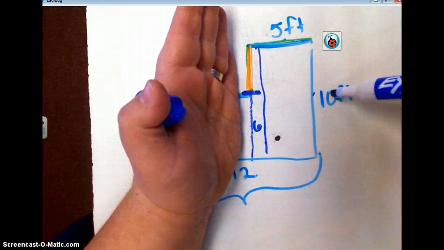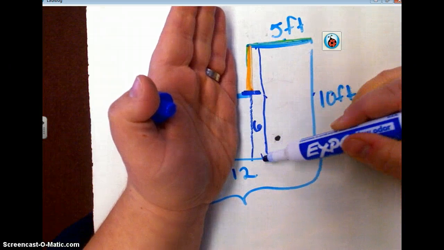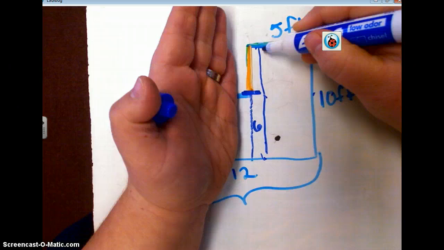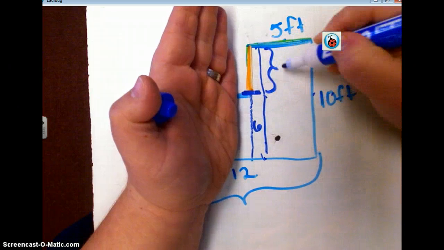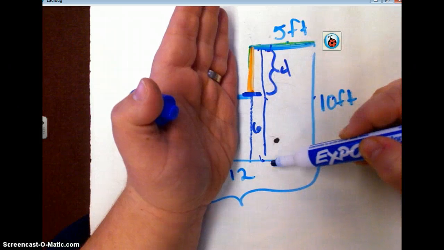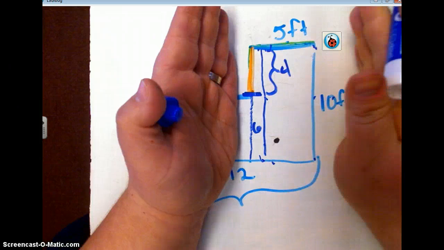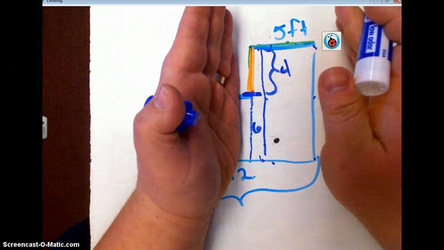If this is 10, and from here to here takes up 6, what does this part have to be? 4. Because I want this whole length here to be the same as this length here, because I want my opposite sides of my rectangle to measure the same.